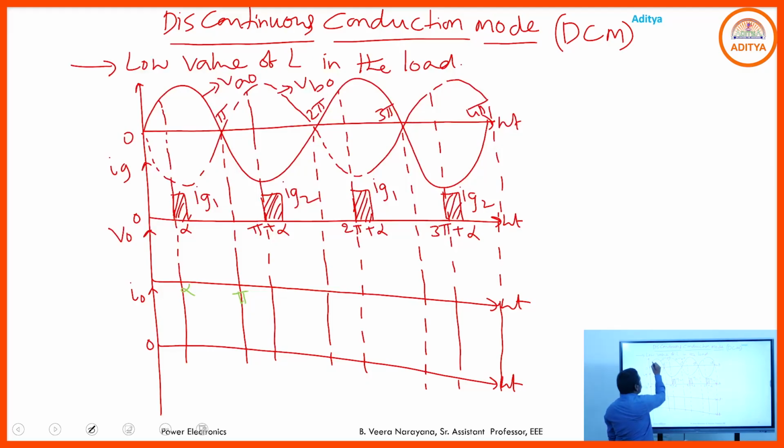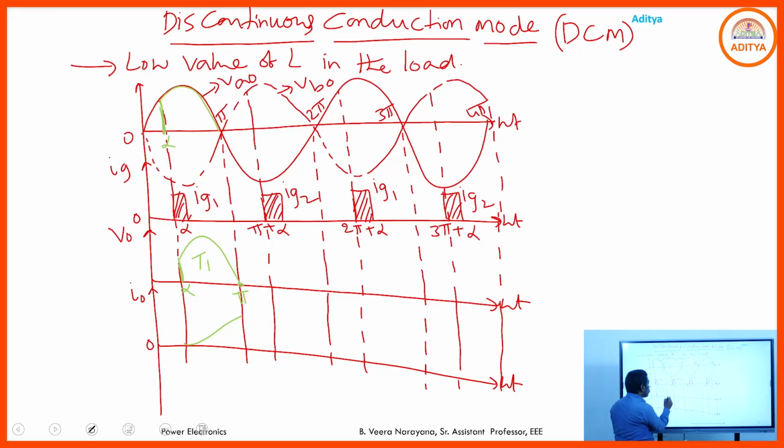So in this portion from alpha to pi, the source voltage VAO is available across the load due to the conduction of T1, and some energy is stored in the inductor, and you have a low value of inductor.